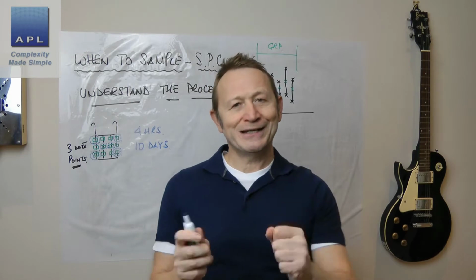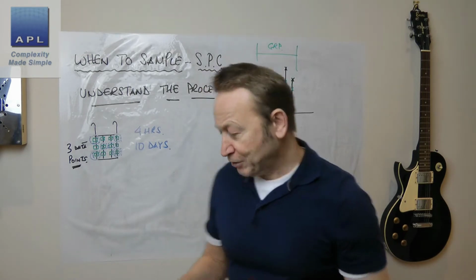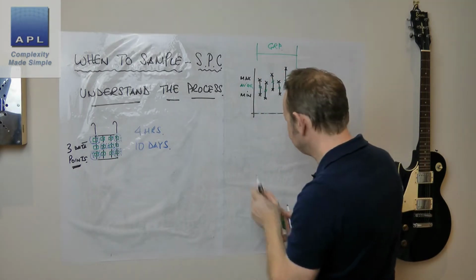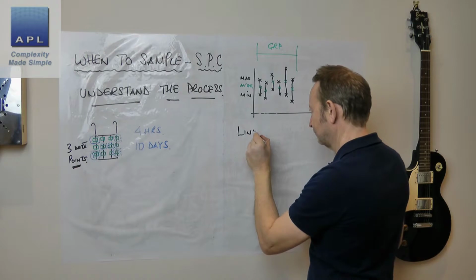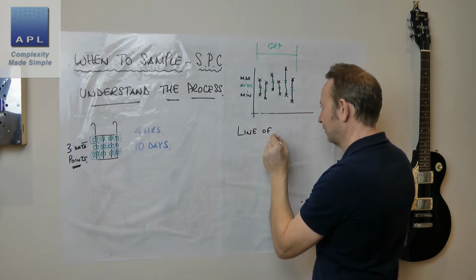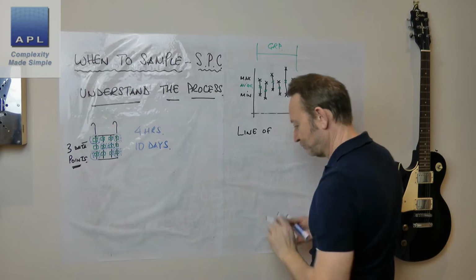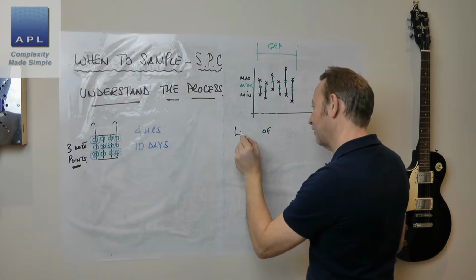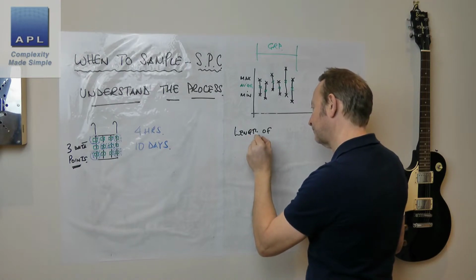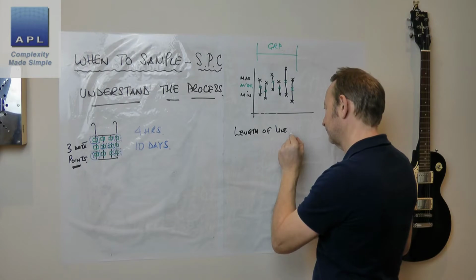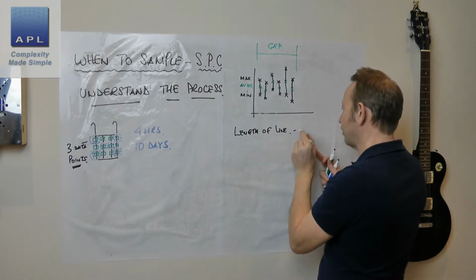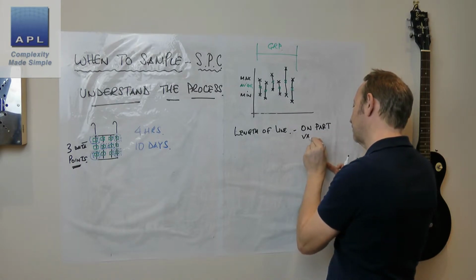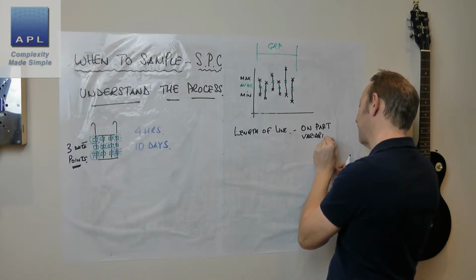Now then, what is the multivariate chart going to show me? Well, it's showing me this, look. The length of the line is going to show me on-part variability.